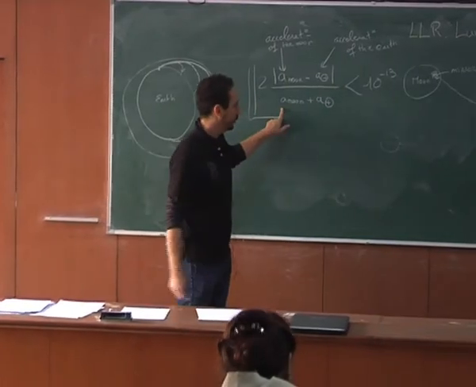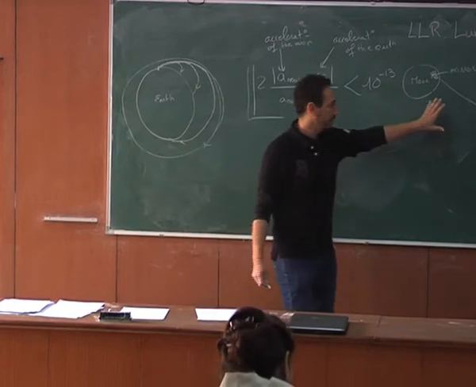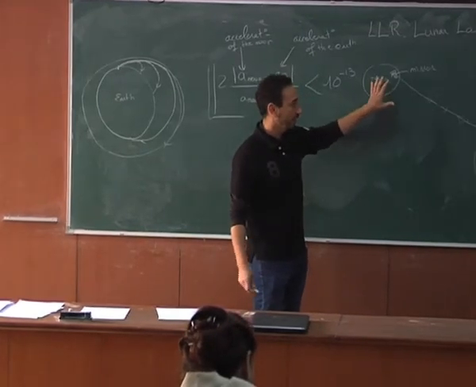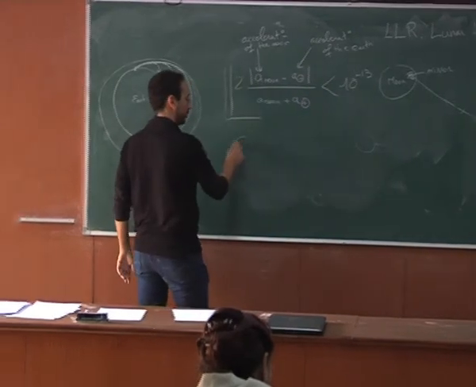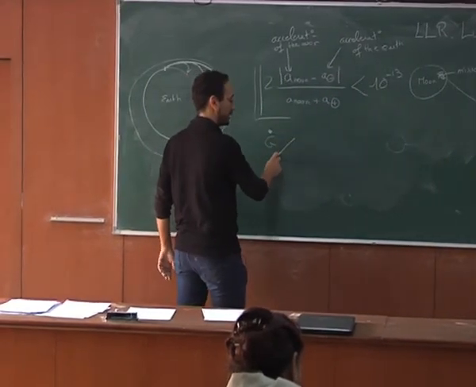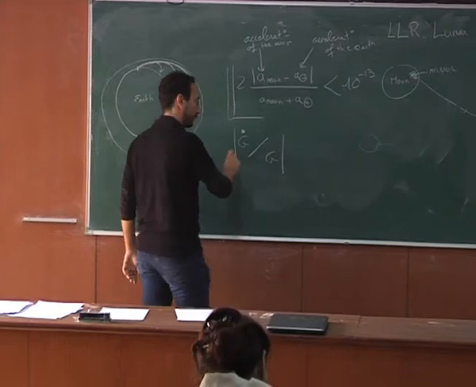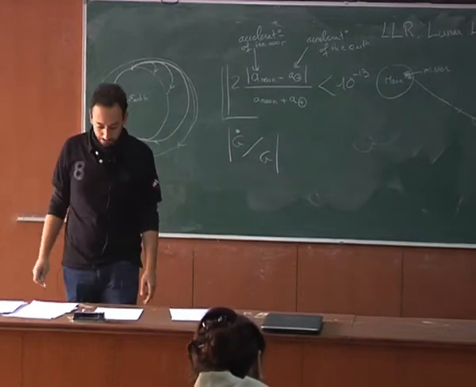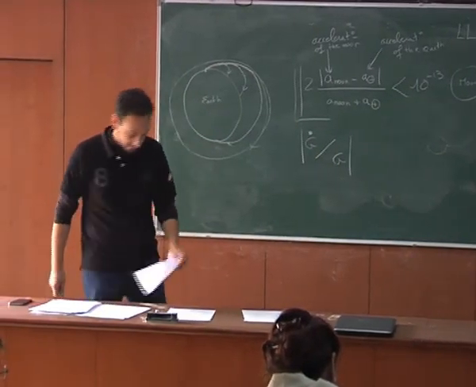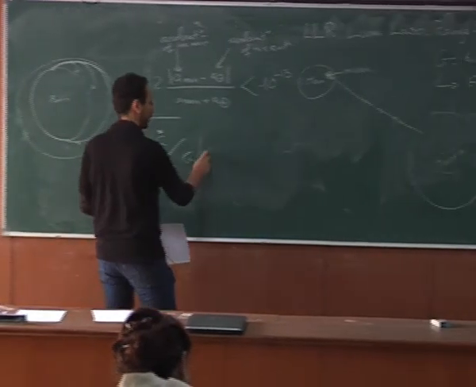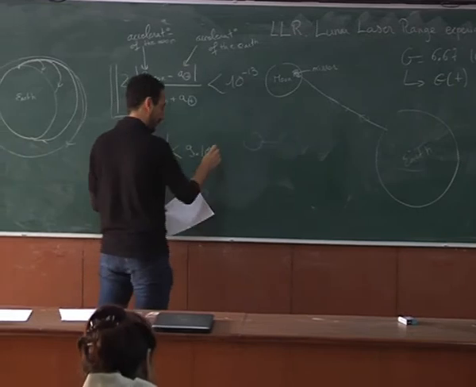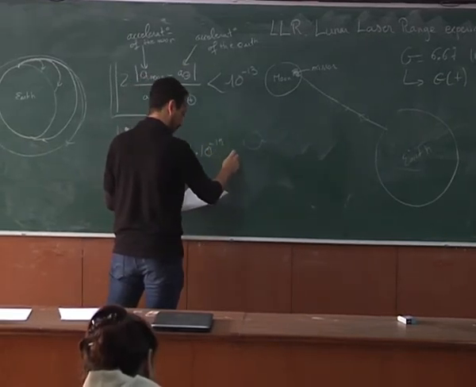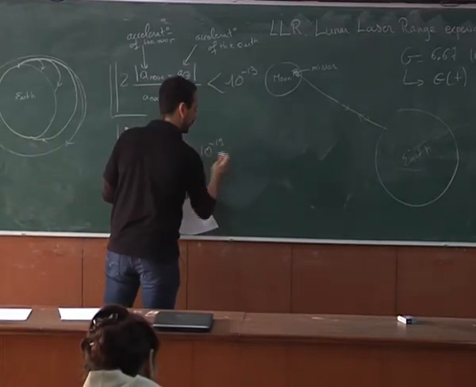Because we have done this experiment for 50 years, if gravity changes, you will get a constraint on G. People could write this experiment in terms of the variation of G, and they found that it is less than 10 to the minus 19 per year.